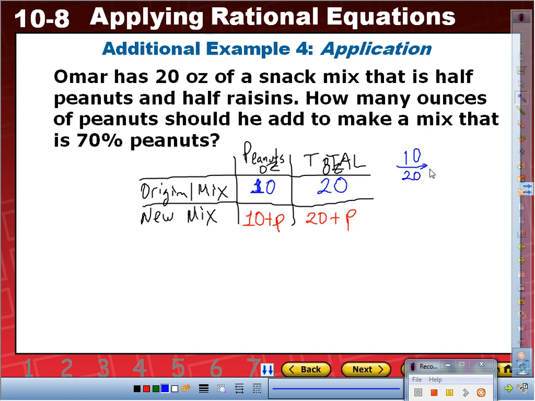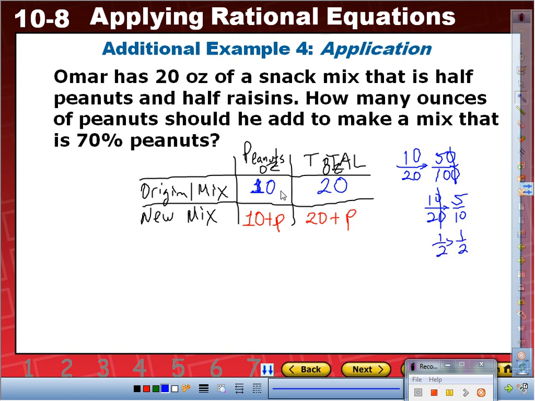How can I write that as a fraction? 1 over 2, or 50 over 100. Is that correct? Watch. I'm going to write it like this. Pay attention, please. 50 over 100 or 10 over 20 is the same as 5 over 10, which is, check this out. Is that correct? Yes. All right.